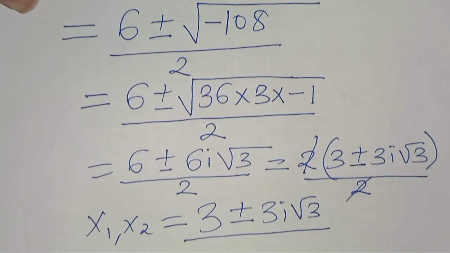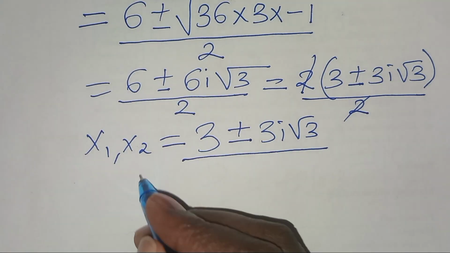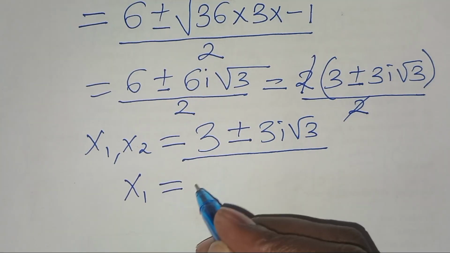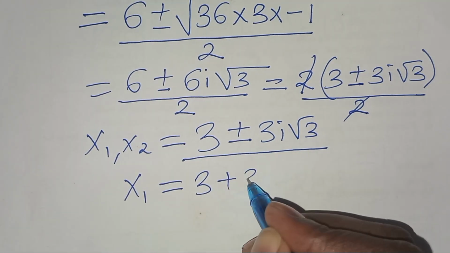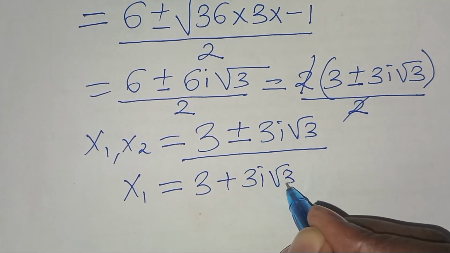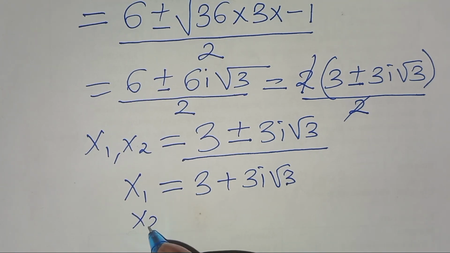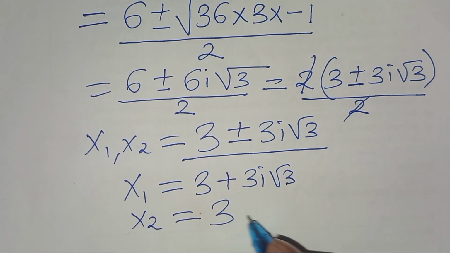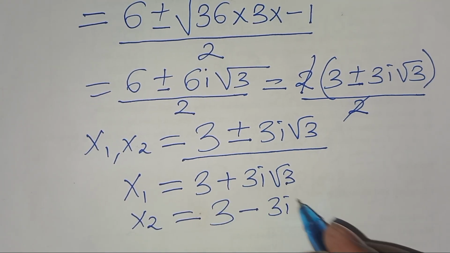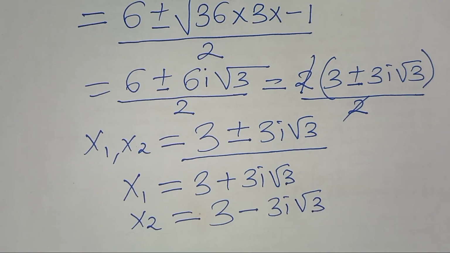Now we have two possible values of x. x1 is equal to 3 plus 3i square root of 3, and x2 is equal to 3 subtract 3i square root of 3.